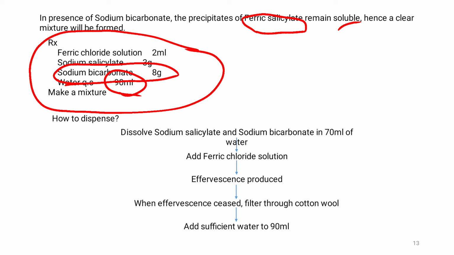To this add sodium salicylate and sodium bicarbonate and dissolve them. Then add ferric chloride solution. While we are adding ferric chloride solution, effervescence will be produced. When effervescence has ceased, filter through cotton wool, then transfer into a measuring cylinder and make up to the volume 90 ml with the water.